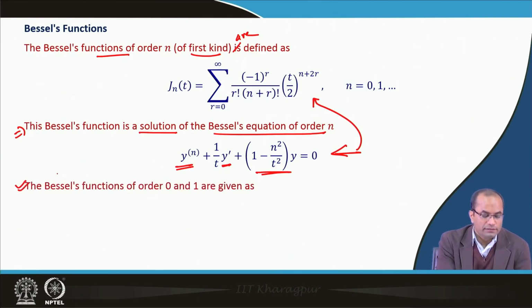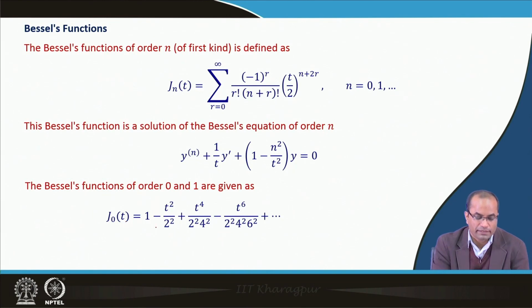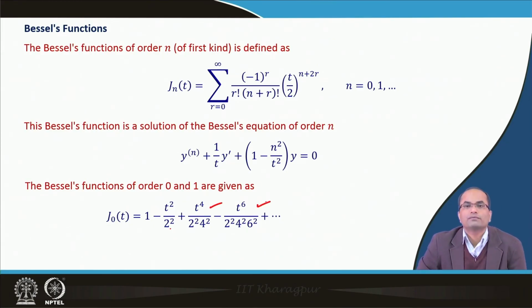We will consider in this lecture the Bessel functions of order 0 and 1. For order 0, when we expand, it will come as 1 minus t square over 2 square, plus t to the 4 over 2 square 4 square, minus t to the 6 over 2 square 4 square 6 square, and so on.